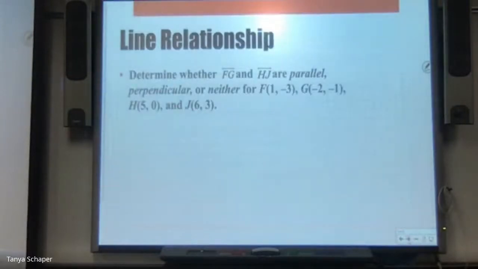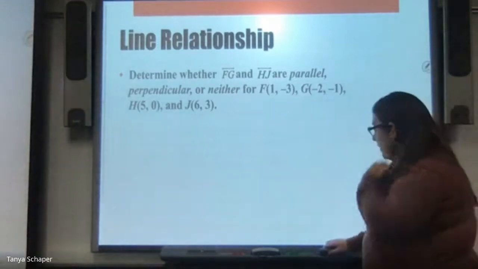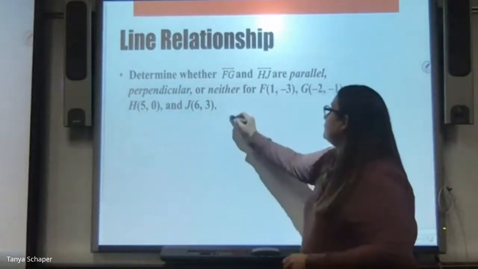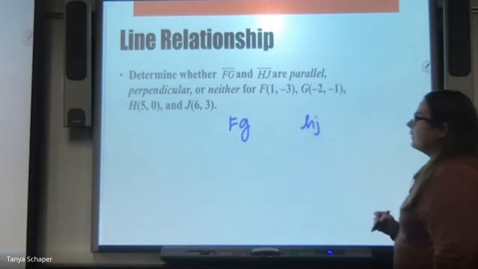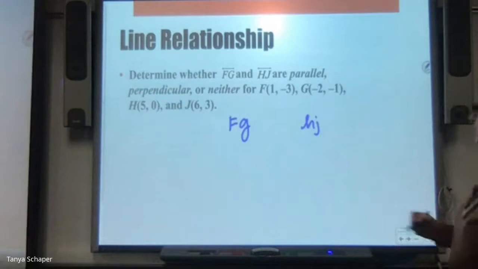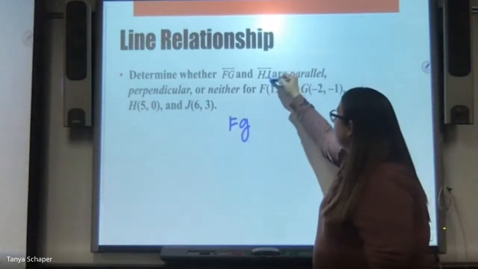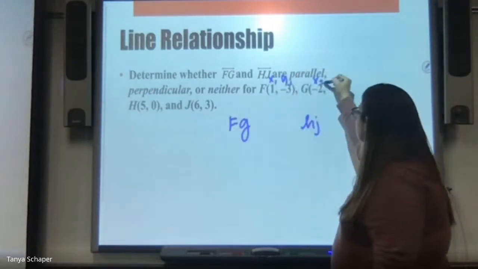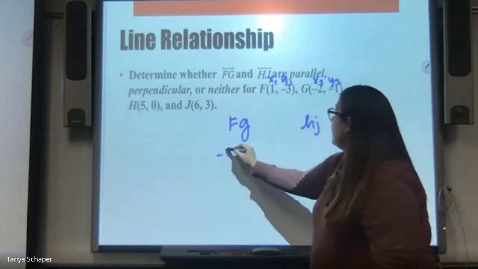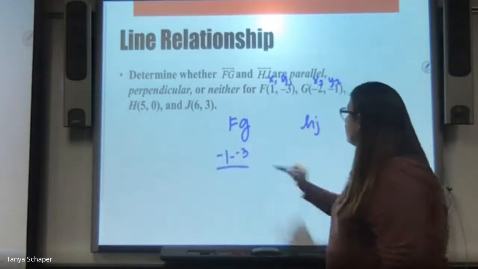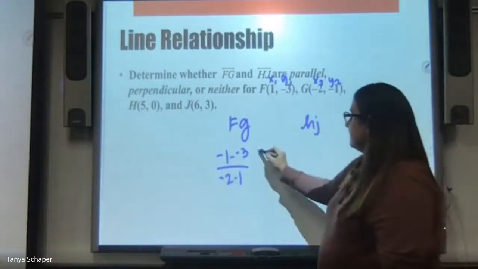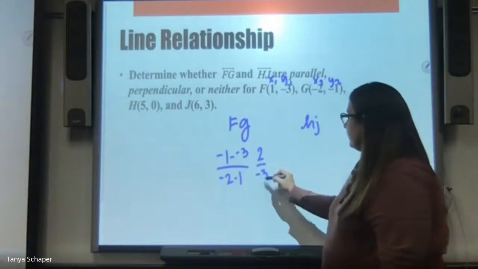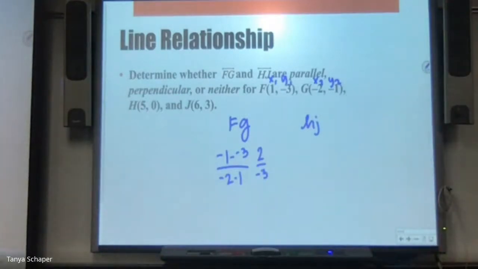So we want to determine what type of lines these are. We want to know if FG and HJ are parallel or perpendicular. The slope of FG is going to be x sub 1, y sub 1, x sub 2, y sub 2. So -1 minus -3 over -2 minus 1. So 2 over -3. That's my slope of FG.